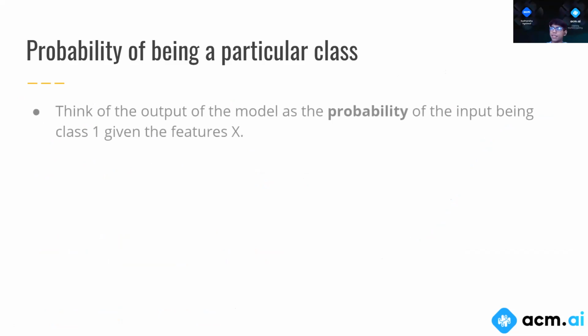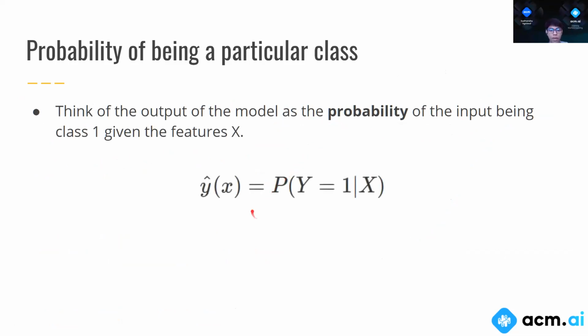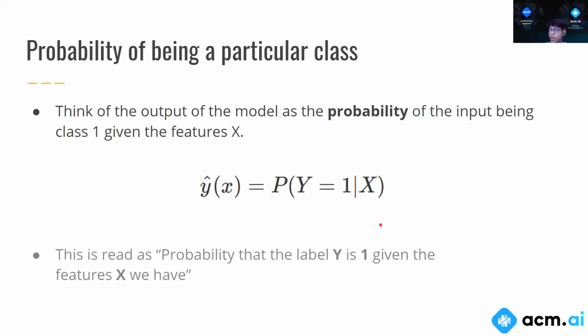So we can instead state our prediction as the probability of the input being a particular class. We write it formally like this: y hat of x is equal to the probability that y is equal to 1 given x. Or another way to look at it is, given x, how sure am I that y is equal to 1?